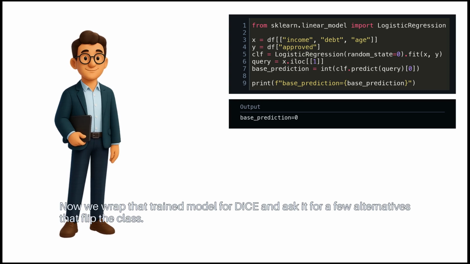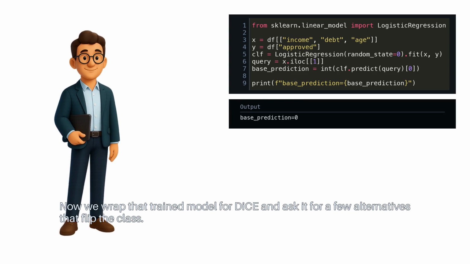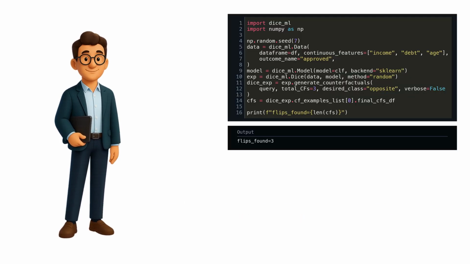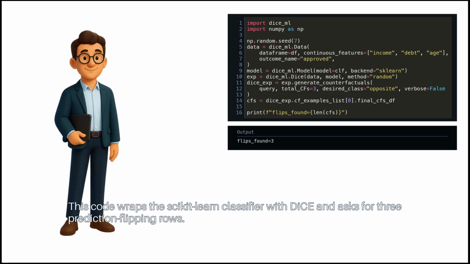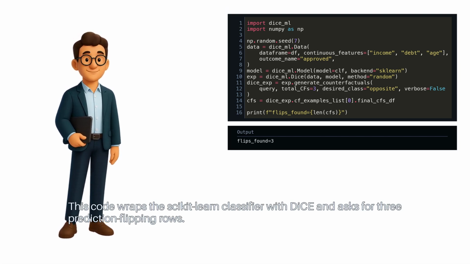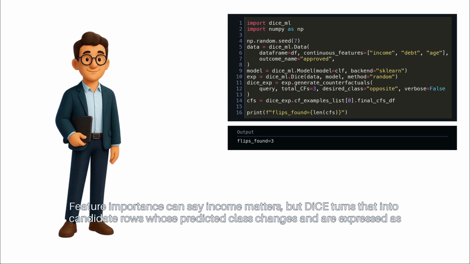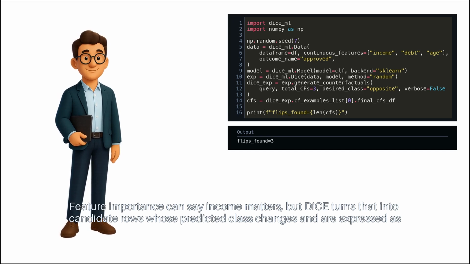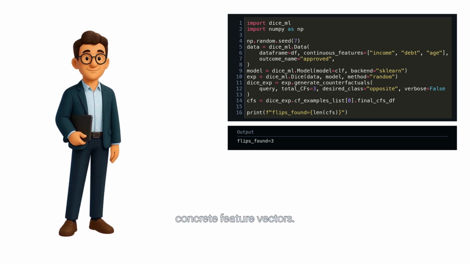Now we wrap that trained model for DiCE and ask it for a few alternatives that flip the class. This code wraps the scikit-learn classifier with DiCE and asks for 3 prediction-flipping rows. Feature importance can say income matters, but DiCE turns that into candidate rows whose predicted class changes and are expressed as concrete feature vectors.